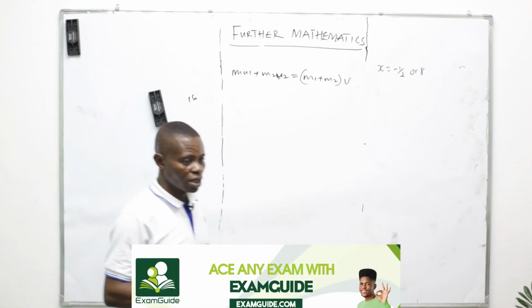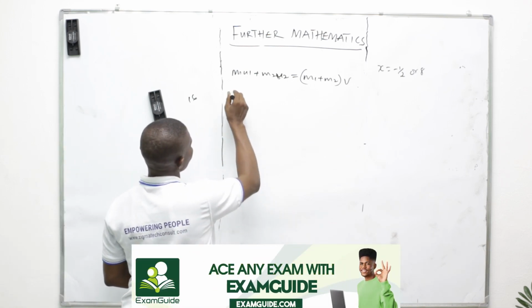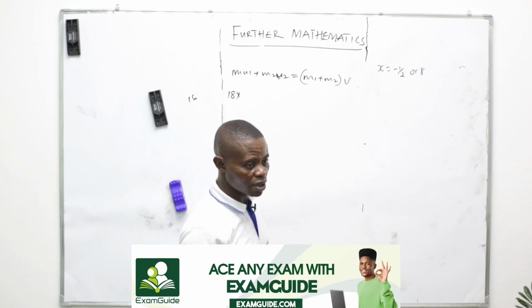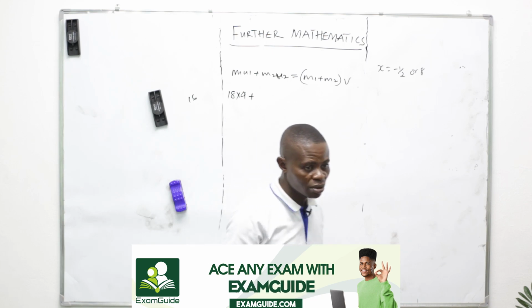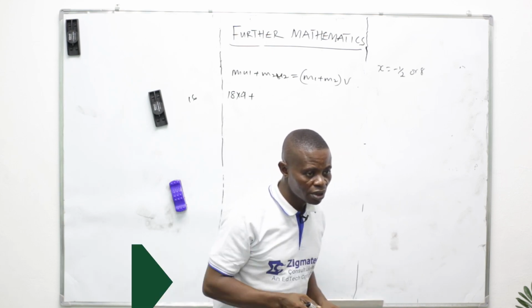Okay, now I have m1 to be 18 times u1. What is our u1? 4 plus m2, 6.